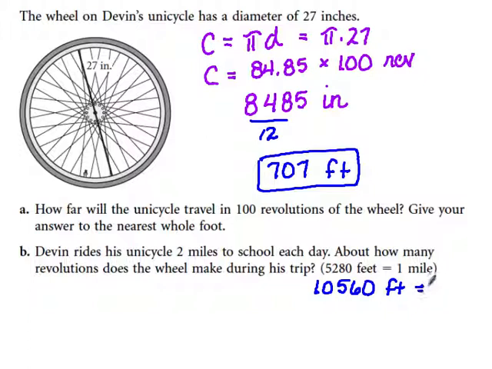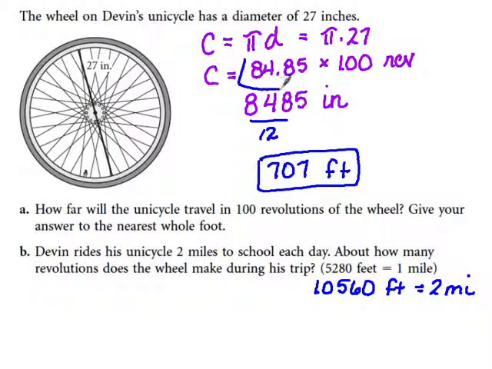That would equal my 2 miles. Now I want to figure out how many revolutions is 10,560. So what am I going to do? Right, so I need to find out how many feet one revolution is.